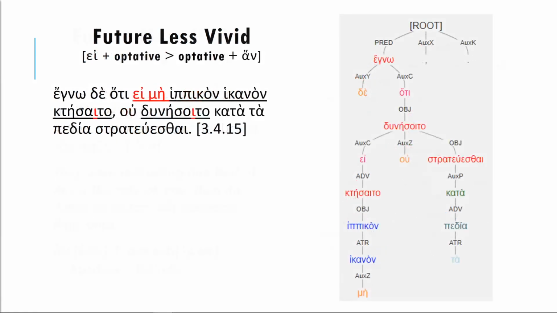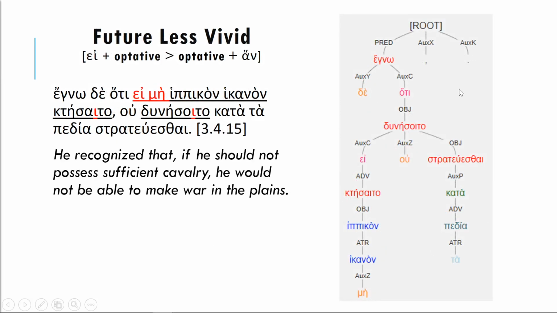Future less vivid: he recognized that, another substantive clause, he would not be able to make war on the plains if he did not possess sufficient cavalry. If he should not possess sufficient cavalry, he would not be able to make war on the plains. There's a certain implication that, on the other hand, that's not true.